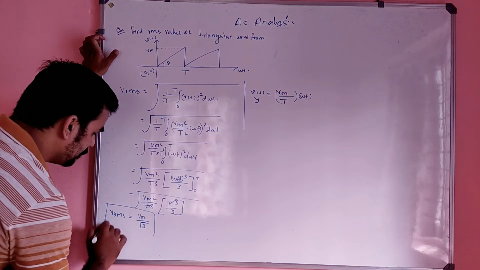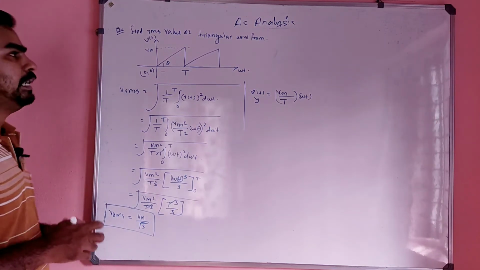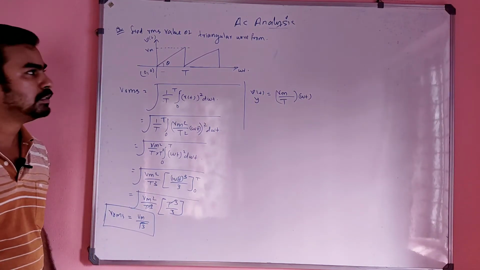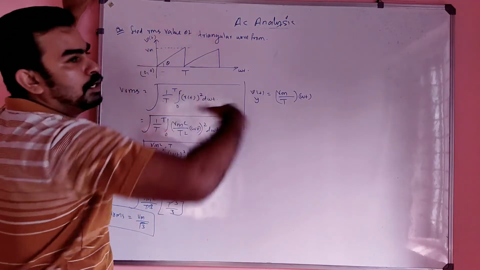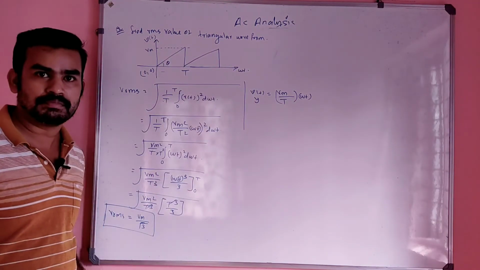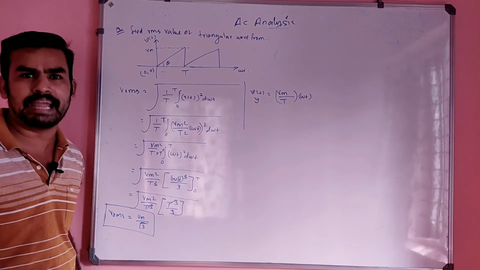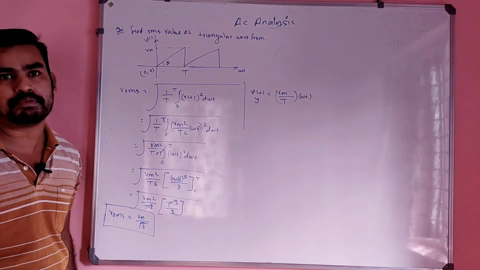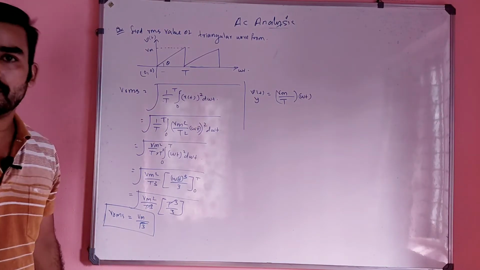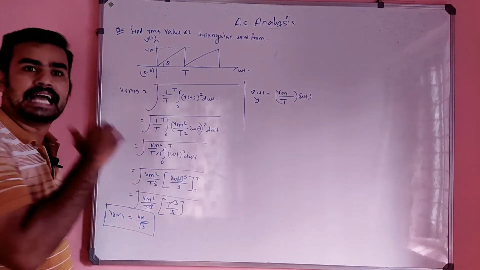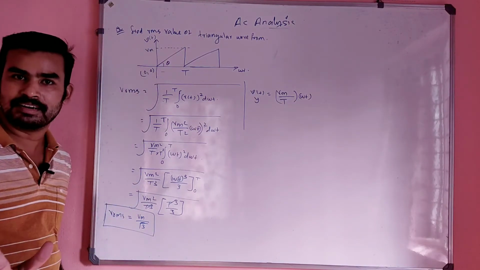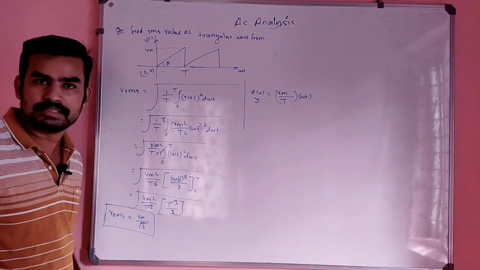This is a very important relation, because in many questions a different type of triangular waveform, sawtooth waveform, may be given. Sawtooth is a type of triangular waveform, no? You have to find the answer by simply looking at the question. No need to derive all this equation.